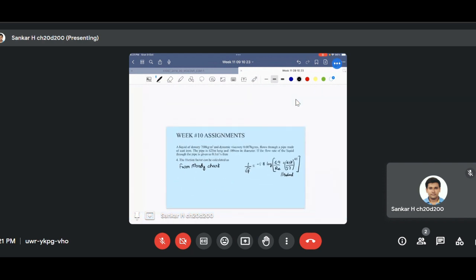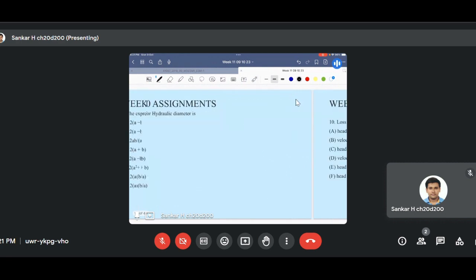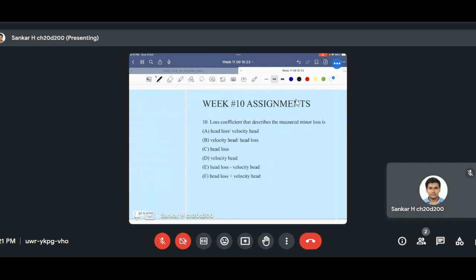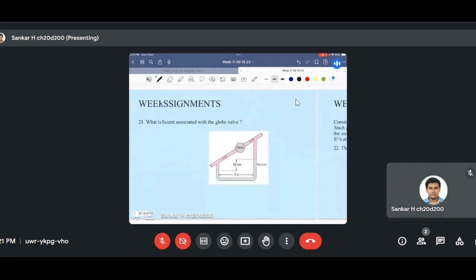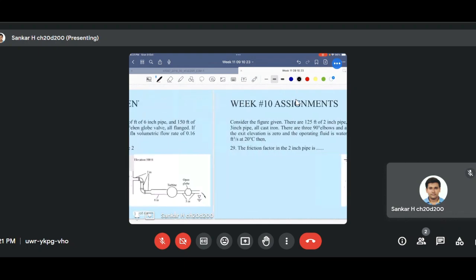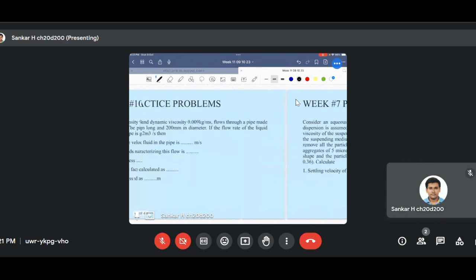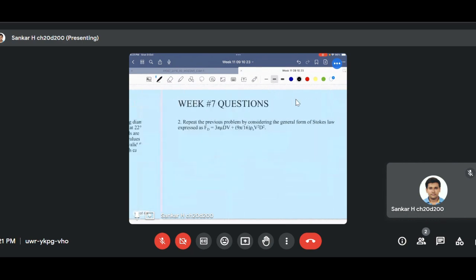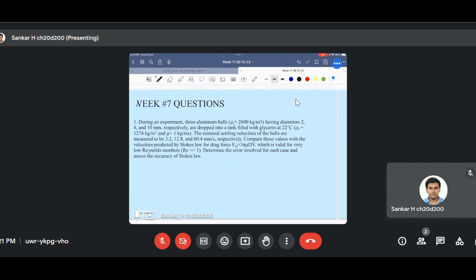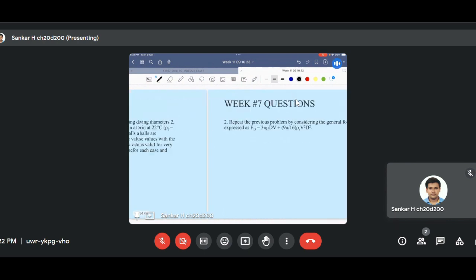So let me just take you through the Moody's chart, which I have copied towards the end. Oh, apparently I have not added it here.